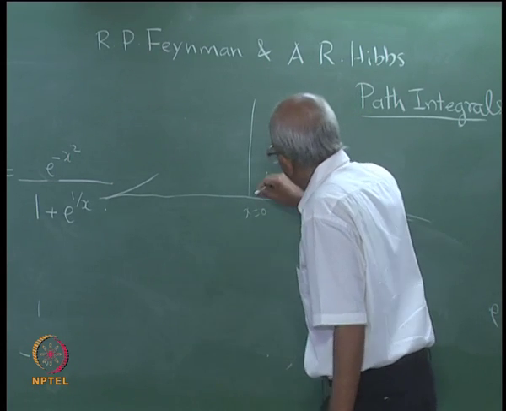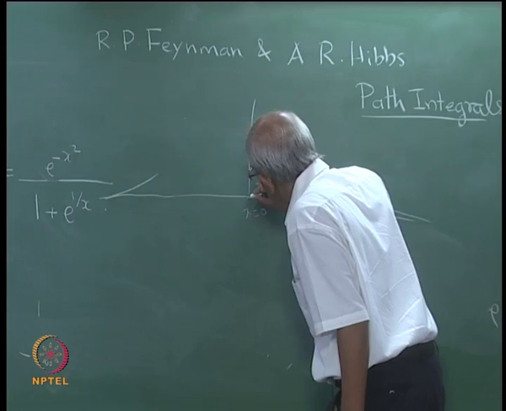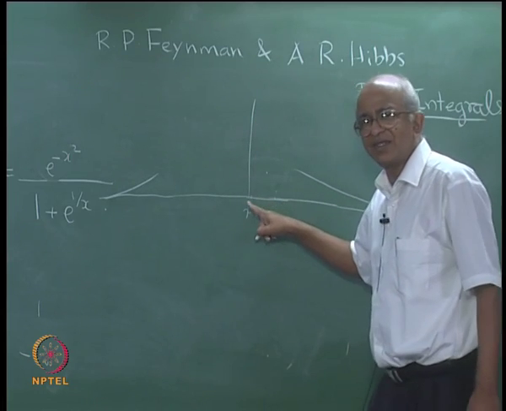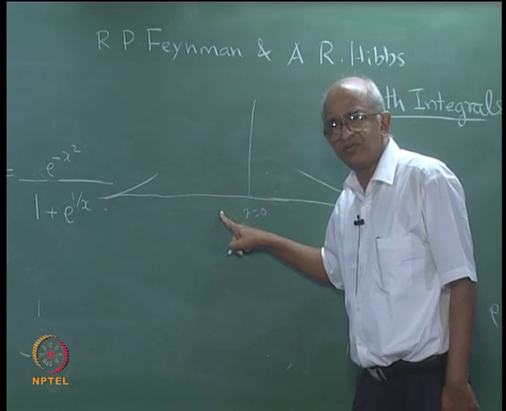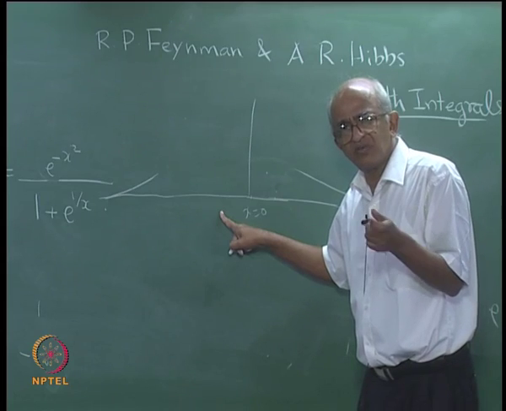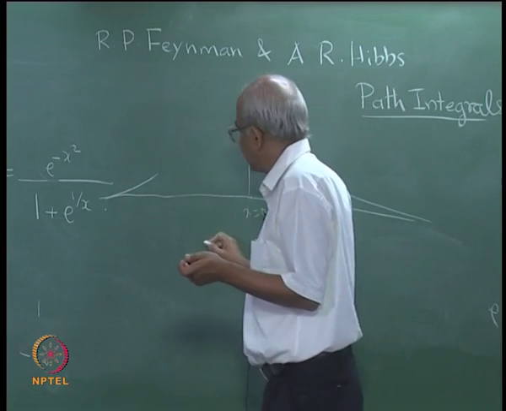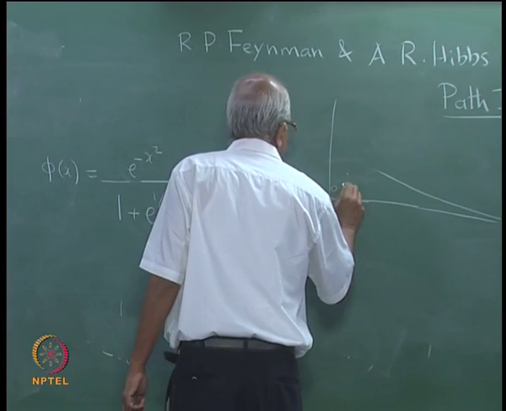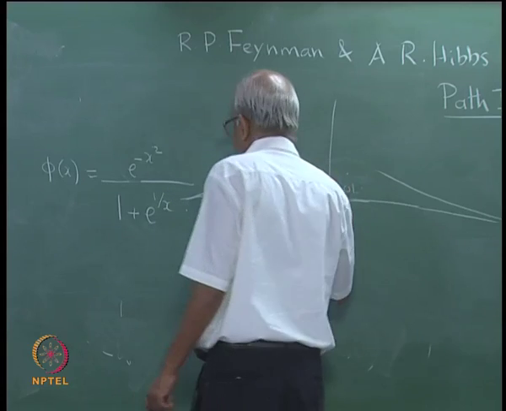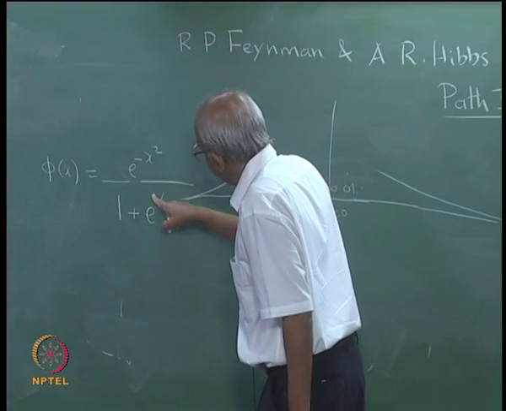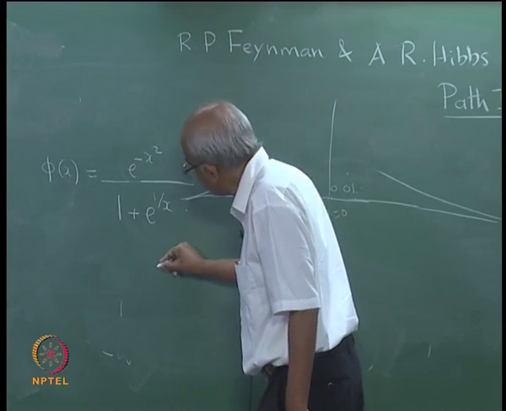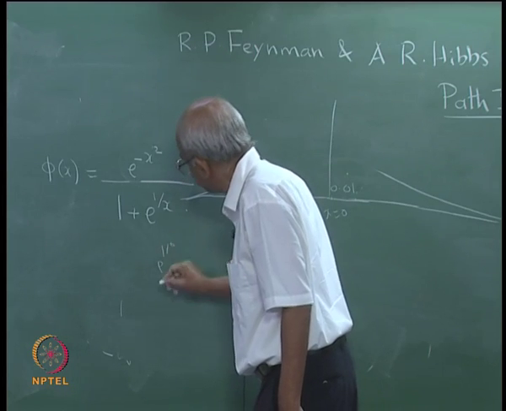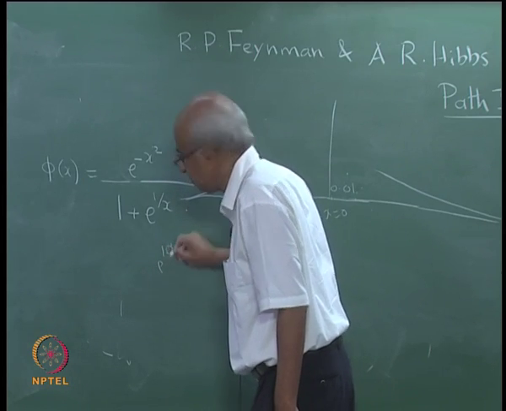So, suppose you are somewhere very close to x is equal to 0, but on the right side of x is equal to 0. It means the value of x is very small, let us say I think of this point which is at 0.01. So, this x is going to be 0.01, that means I am going to have e to the power of 100 here, correct.